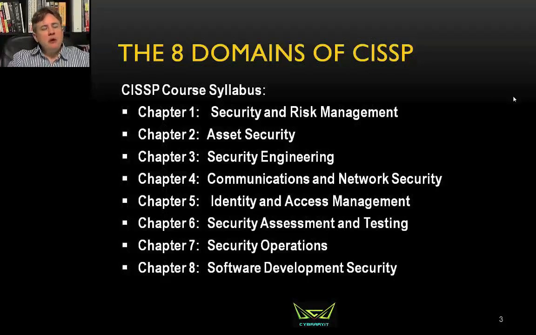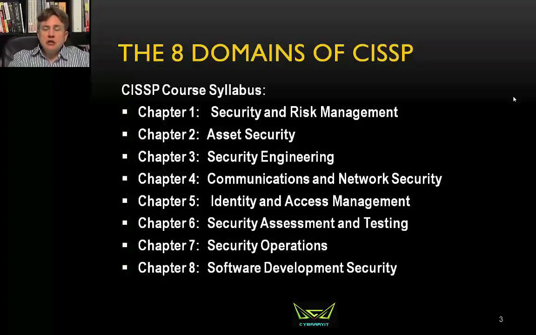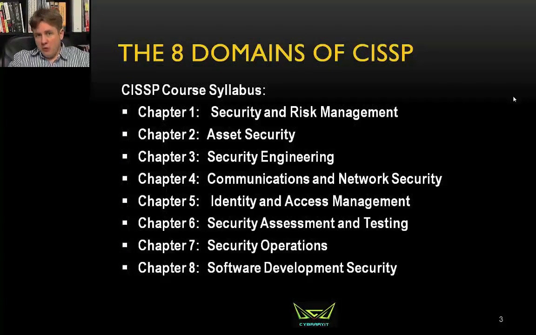Now, Chapter 3, Security Engineering. Good information in this chapter. For those of you that were familiar with the 10-domain version of the CISSP exam, this used to be referred to as security architecture and design. What we're going to focus on in Chapter 3 is the idea that secure design yields a secure product, meaning that we don't think of security as an afterthought, we build security into the mechanism.